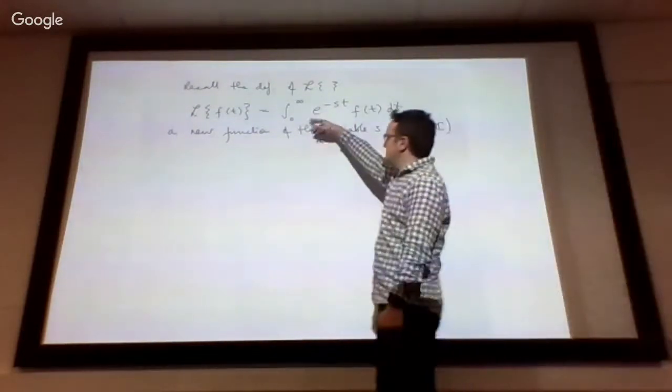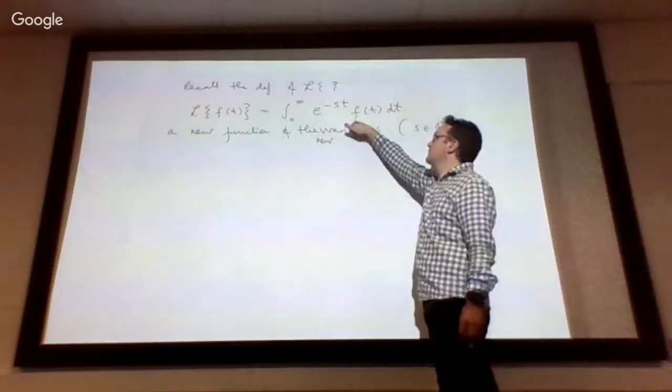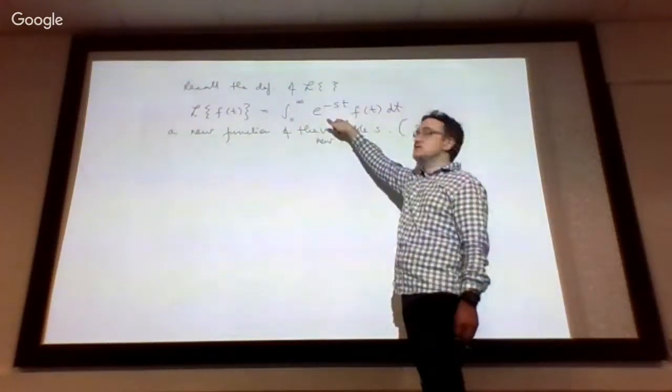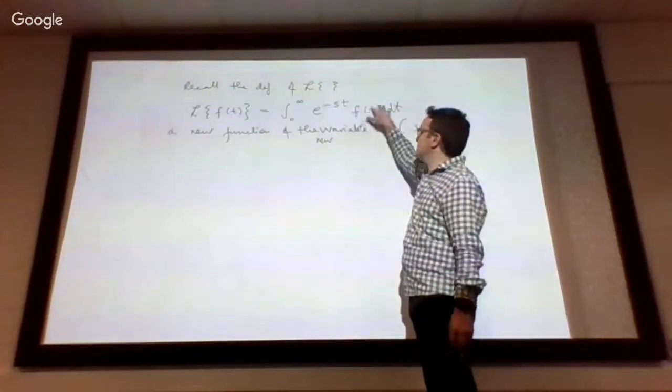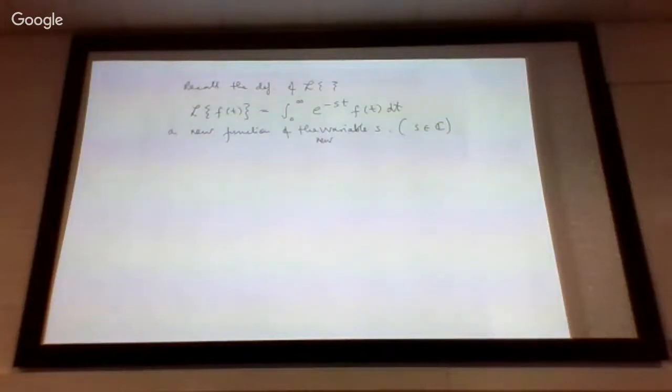So this transform is taking account of every value of f, and we're packaging them up, multiplying by this exponential expression e to the minus st. So we're packaging up all the values of the function f, feeding them all in and using them all to generate this new function, which is a function of the variable s.